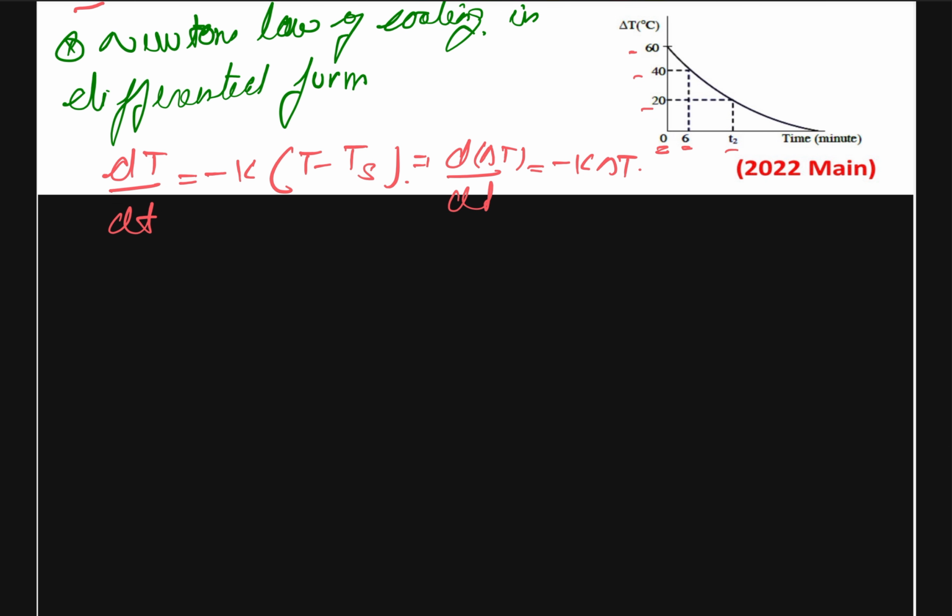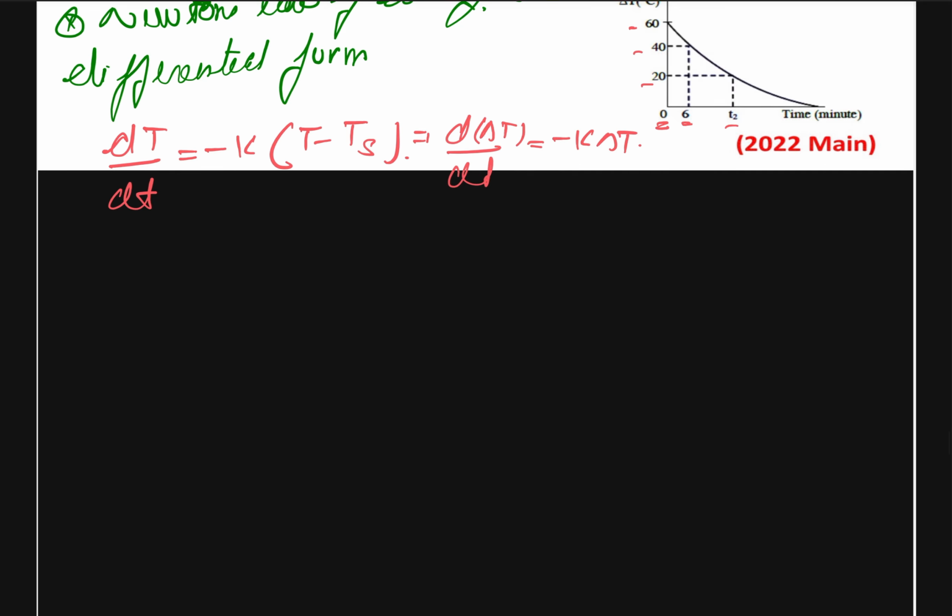And this differential equation can be solved, because from the graph also we can see that the representation is like an exponential decay. If you solve this differential equation, we are going to get its general solution as delta T is equal to delta T naught e raised to power minus k times t.